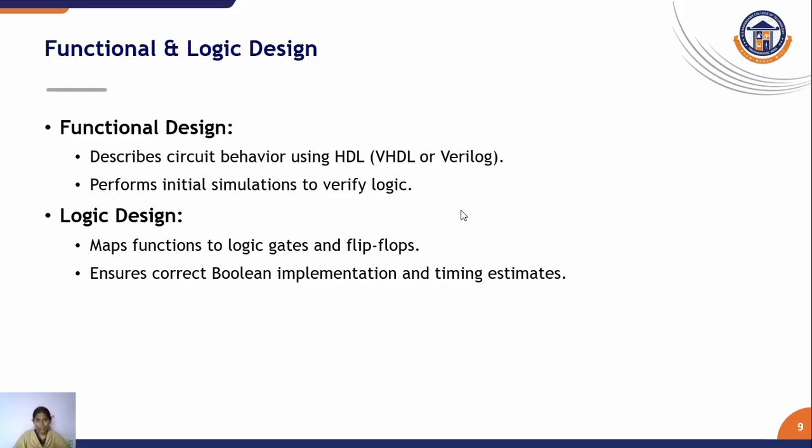Once we have written the code, we perform initial simulation to verify the logic. After that, we move to the logic design. Here, our written code is converted into a gate-level netlist, that is, it maps functions to logic gates and flip-flops. Here we ensure the correct Boolean implementation and timing estimates.